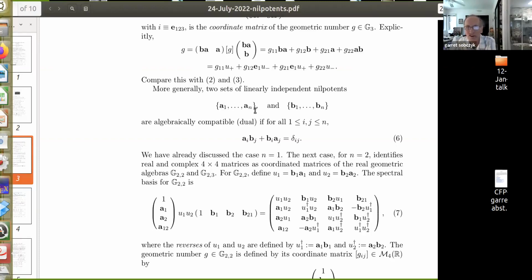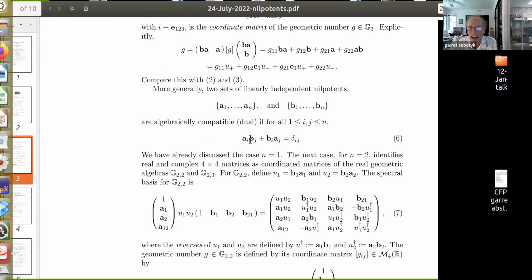So now what I have here, we know that the A's generate a Grassmann algebra of 2 to the n dimensions. And now I'm saying pick another set of nilpotents, B1 up to Bn. They generate a Grassmann algebra of nilpotents. Now we say that these two Grassmann algebras, generated by the A's on the one hand and by the B's on the other hand, are algebraically compatible or dual if for all i, j, 1 less than or equal to i, j less than or equal to n, ai times bj plus bj times ai is equal to delta ij.